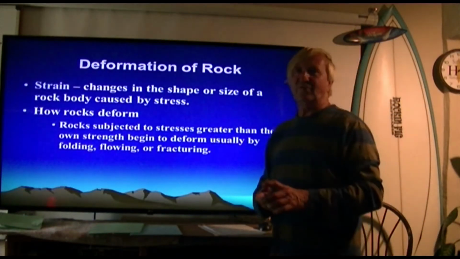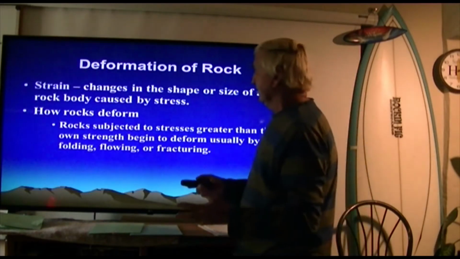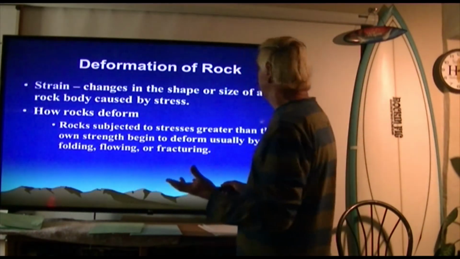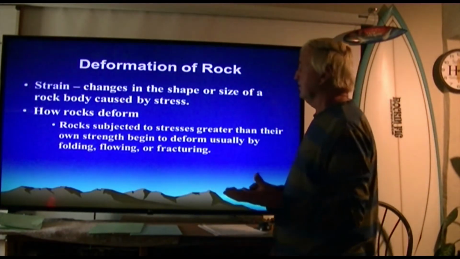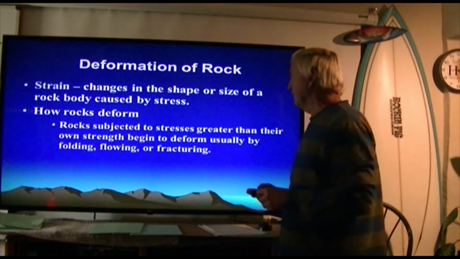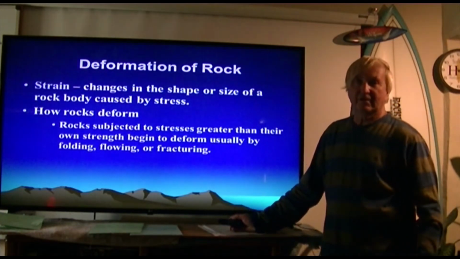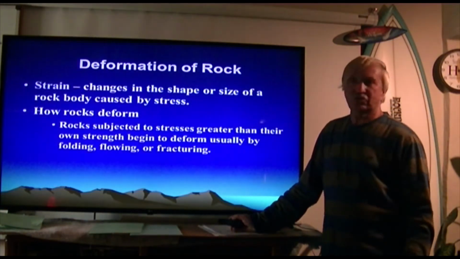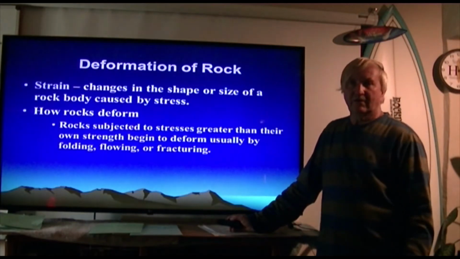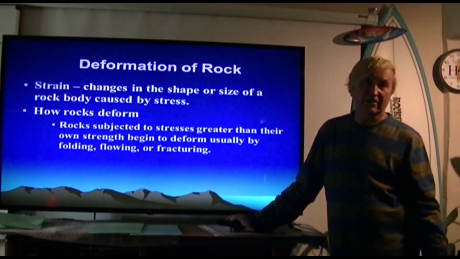All right, so deformation. How do we deform rocks? Well, we put strain on them. Strain is going to change the shape and the size of the rock body caused by the stress. And how rocks deform is really dependent upon what the rocks are made of. Sedimentary rocks, rocks like shale and sandstone, have a greater chance of upfolding into anticlines and synclines.